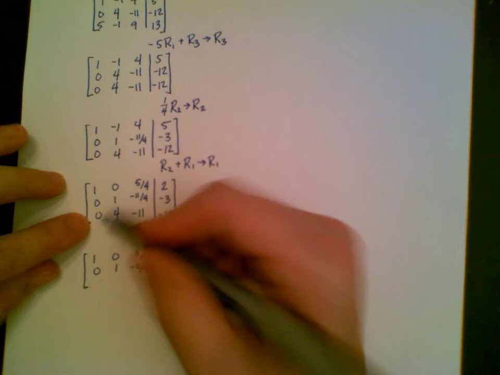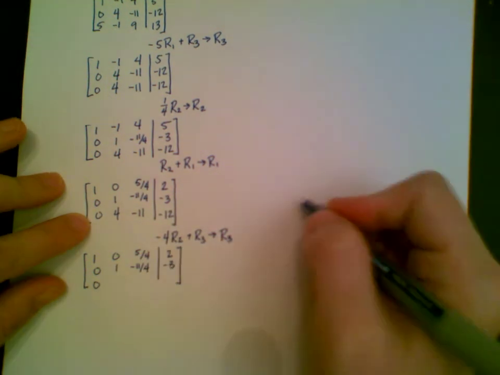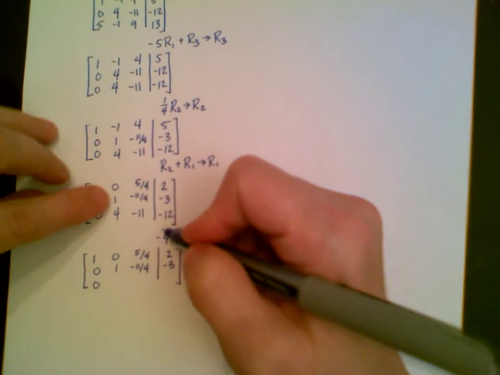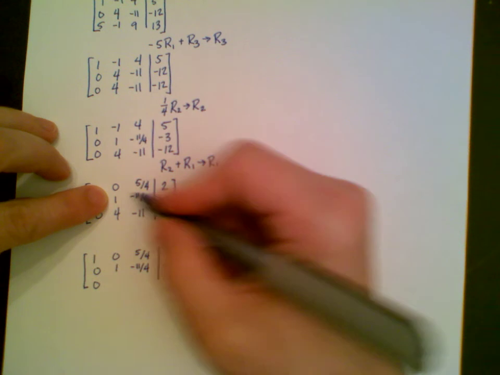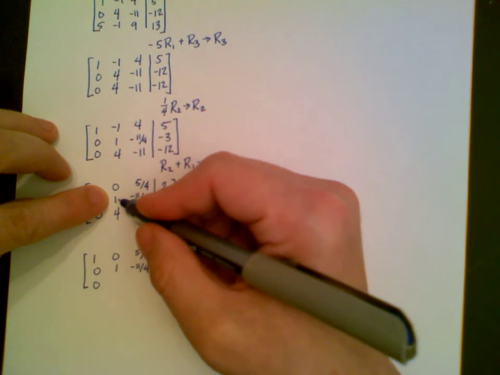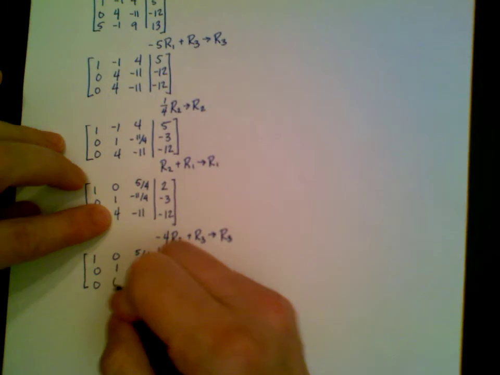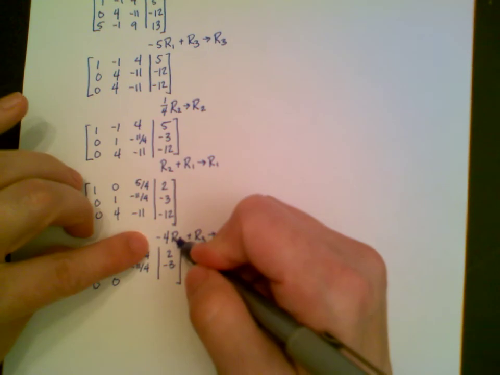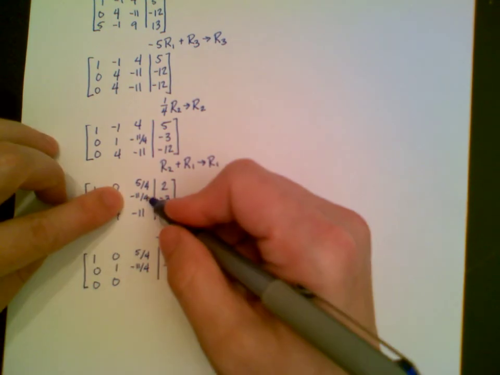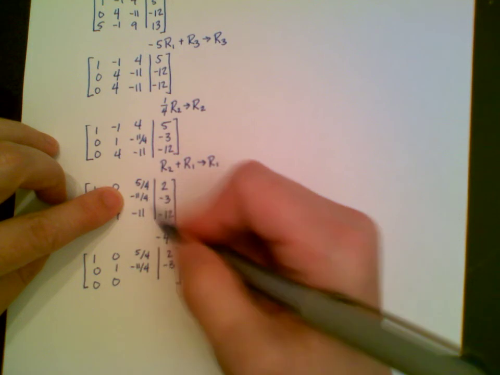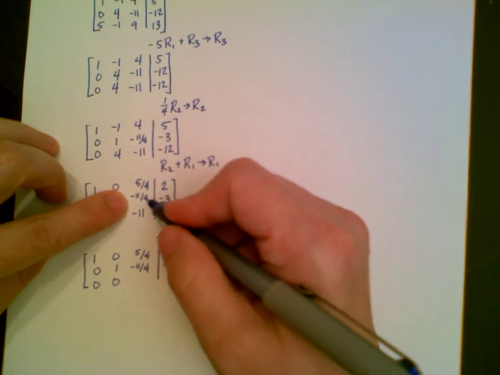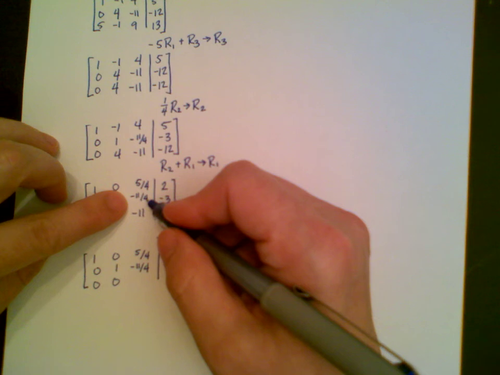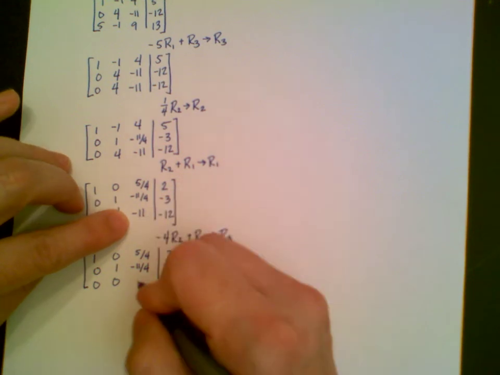Negative 4 times 0 is 0, plus 0 is still 0. 0 is such a fabulous number to do arithmetic with. Negative 4 times 1 is negative 4, plus 4 is 0. Negative 4 times negative 11 fourths. Well, the 4 and the fourths will cancel, and I'll have a positive 11 plus negative 11.